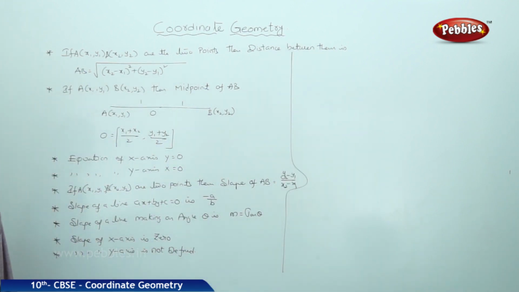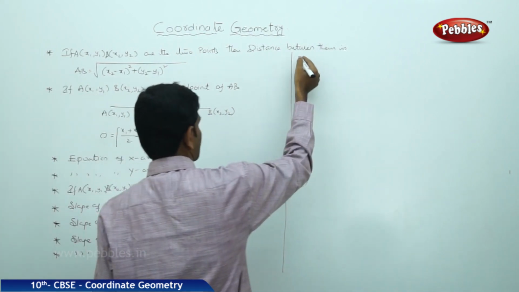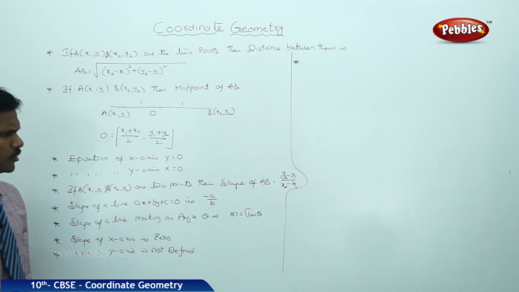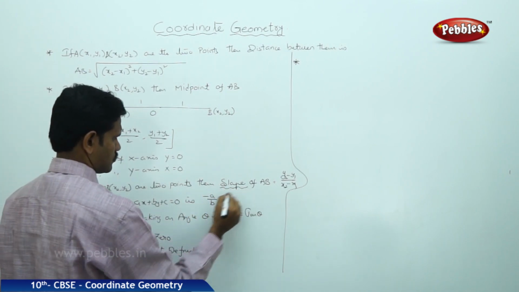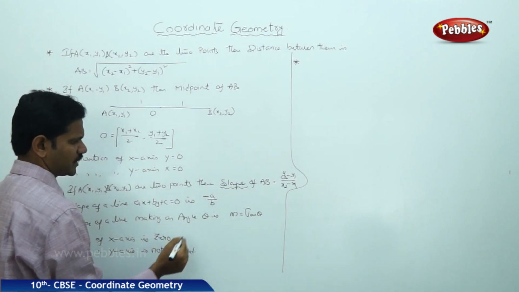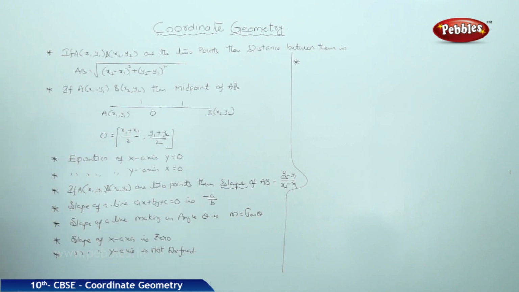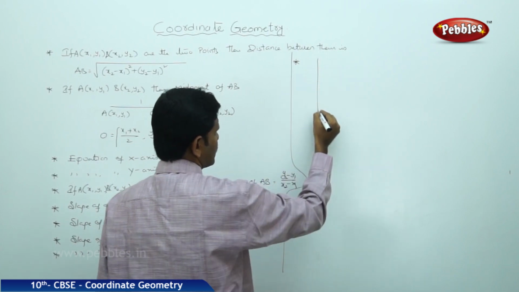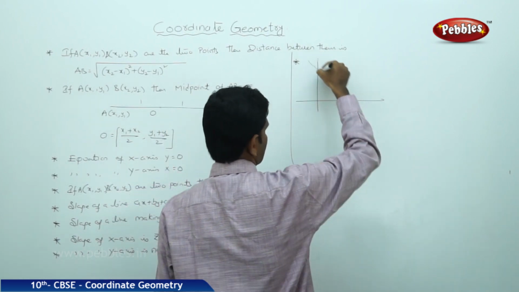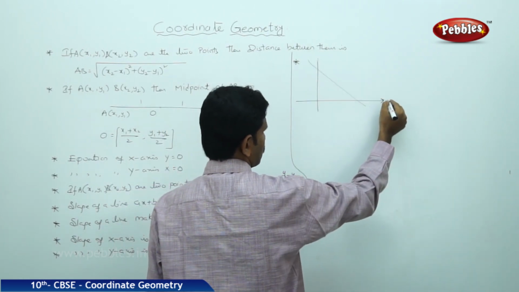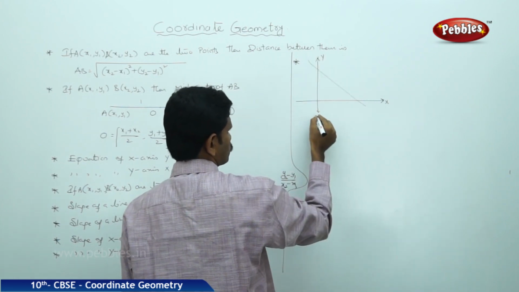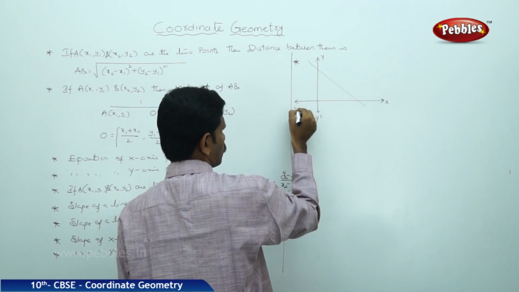Next key point: what is meant by a slope? Slope is nothing but the angle made, considering x positive, y positive, y negative, x negative.